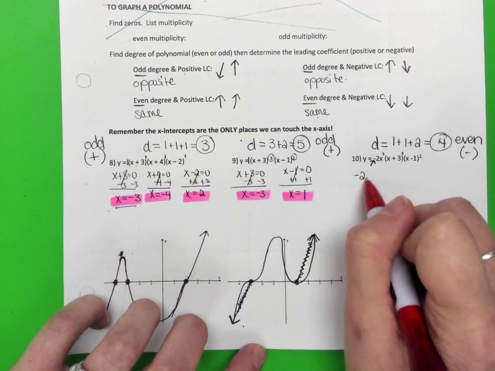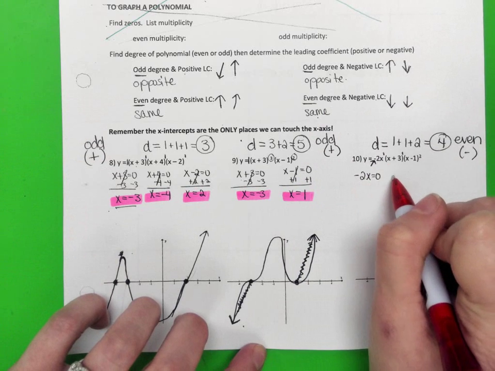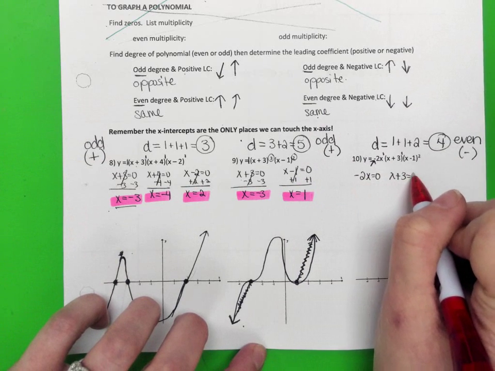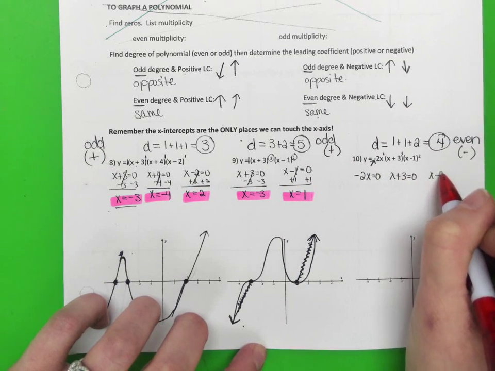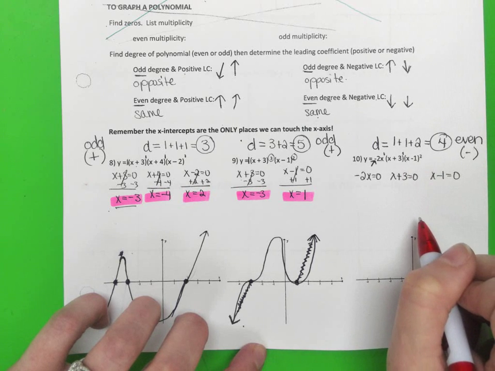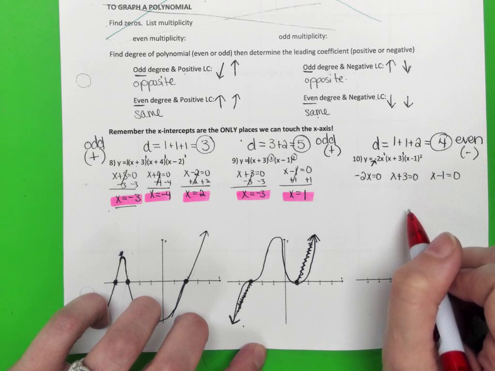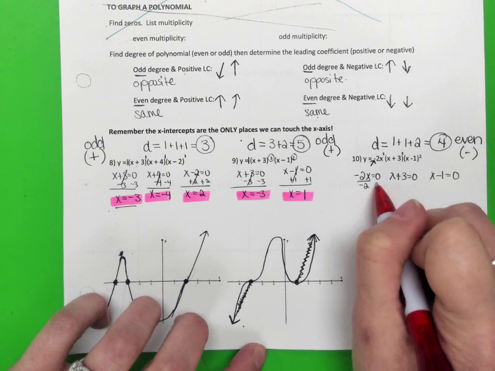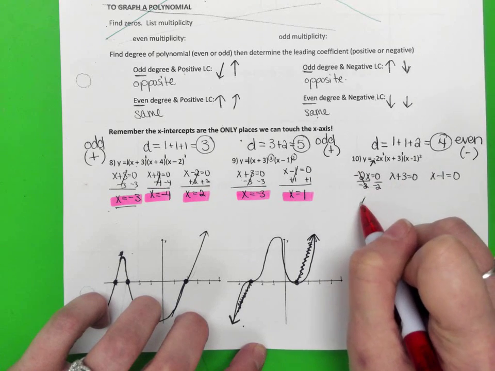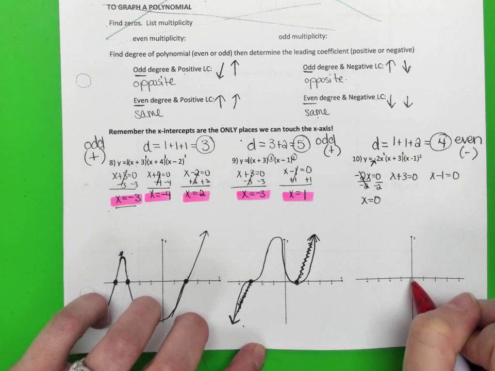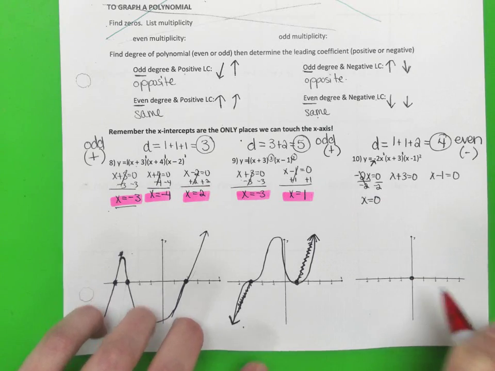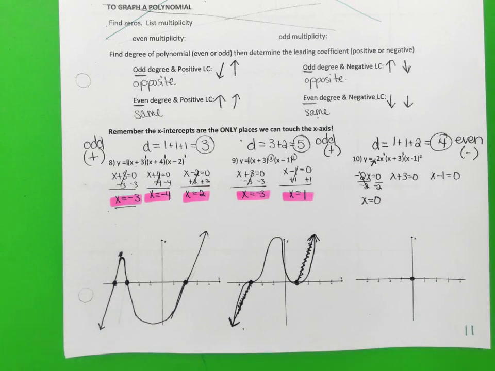We have negative 2x equals 0. We have x plus 3 equals 0. And we have x minus 1 equals 0. So we're going to divide by negative 2. And you get x equals 0. Alright, let's plot that one. Right smack dab in the middle.